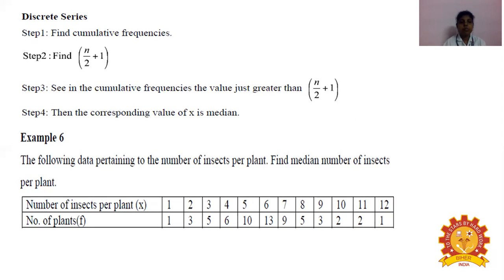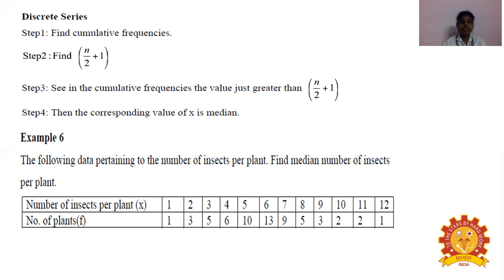Okay, next let's see the problem. The following data pertains to the number of insects per plant. Find the median number of insects per plant. Number of insects per plant is given: 1, 2, 3, 4, 5, 6, 7, 8, 9, 10, 11, 12.